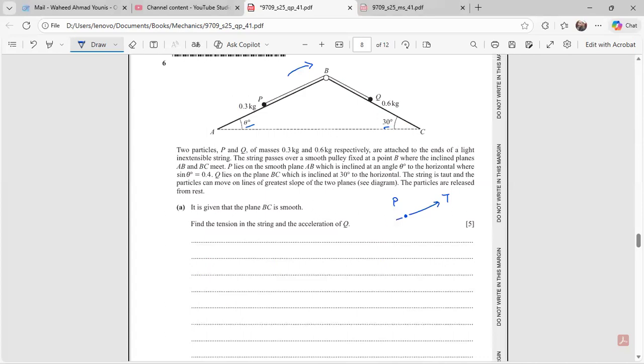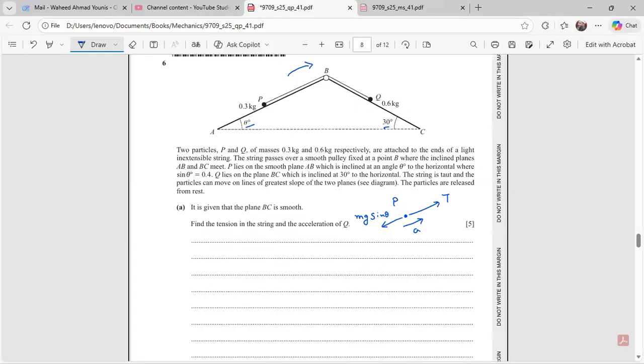The downward force, if you remember, is mg sine theta. These are the two forces acting on this object. The difference of these forces is the net force, and that net force is causing an acceleration in this direction. I'm assuming tension is larger because it's going upward.